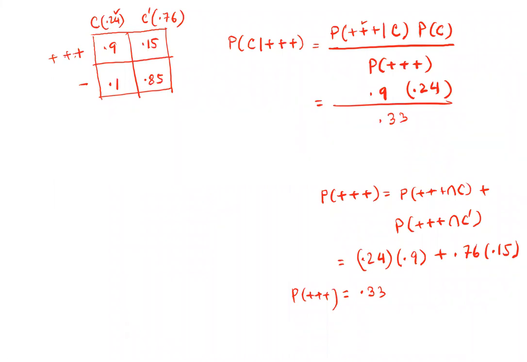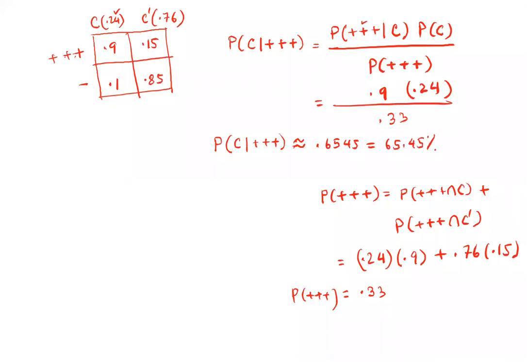So if I simplify this, the probability of cancer, given that the person tested positive the third time, is 0.9 times 0.24 divided by 0.33, which is approximately 0.6545, equal to 65.45%.